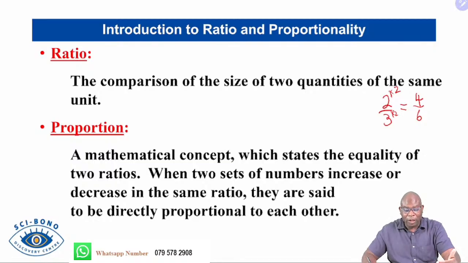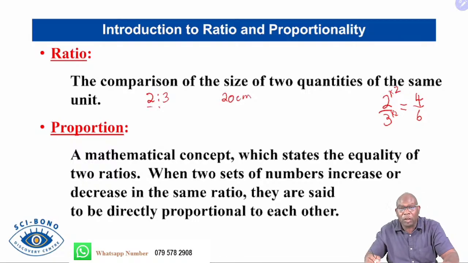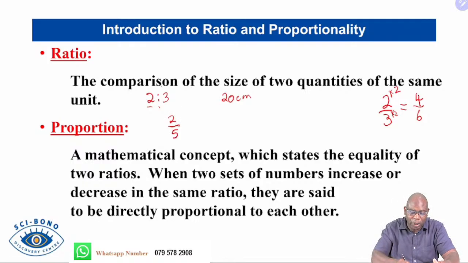Okay, so in the case of the ratio, if I've got 2 is to 3, and I'm given, for instance, 20 centimeters, and I want to find out what the ratio of that one will be. So I'm going to say 2 over 5. I add the two numbers, then multiply by 20, so that will give me 8. For this part here, I can write 8.